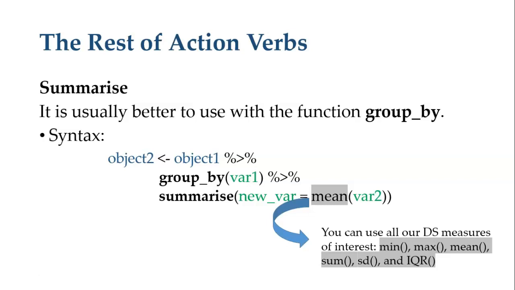What makes sense here is that you cannot find certain things like these for qualitative variables, right? So it makes more sense to use a quantitative variable here. For instance, you cannot find the standard deviation, of course, of a qualitative variable, okay?